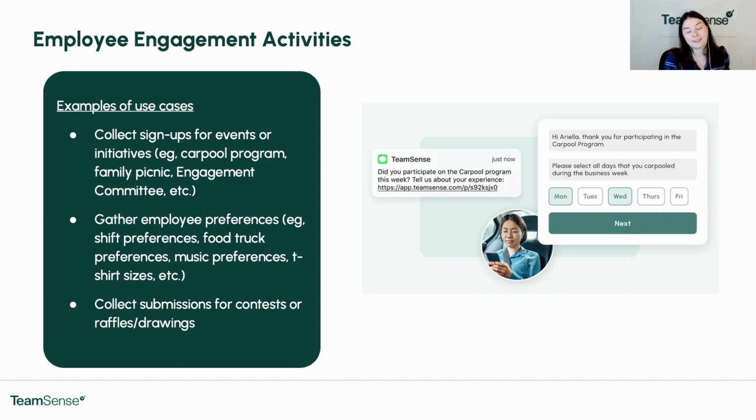They used a TeamSense survey to send that out to employees and just ask them rather than trying to make a guess. Again, using that channel to let employees express a preference is a huge driver of engagement when employees believe that their opinion is being heard.